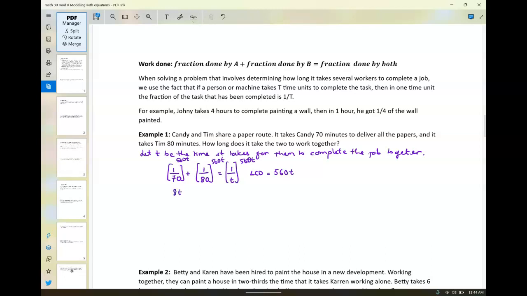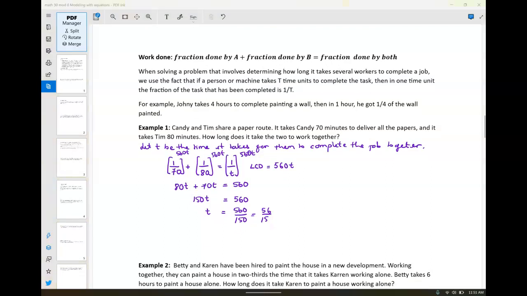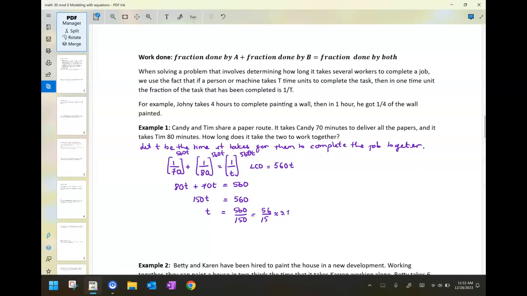So I get 80T plus 70T equals 5/60. So 150T equals 560. So T equals 560 divided by 150. Simplify this fraction, and this is about 3.73 minutes.